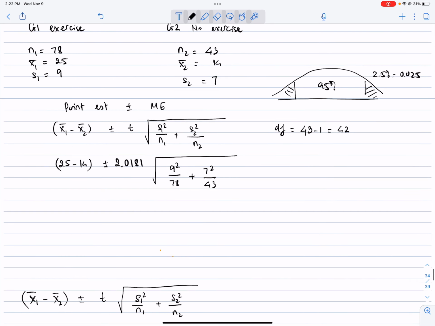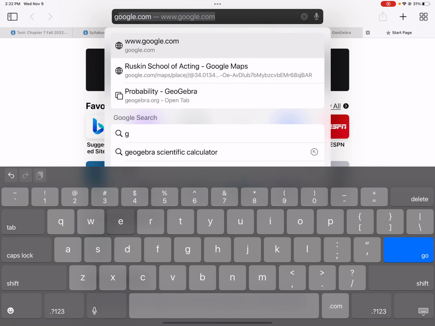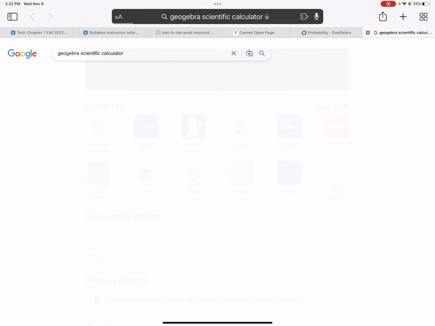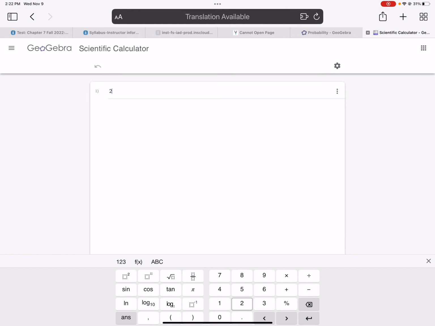Then you put this whole thing in the GeoGebra calculator. How do I do that? Okay, so 25 minus 14. And then I do the minus first, 2.0181 times the square root.